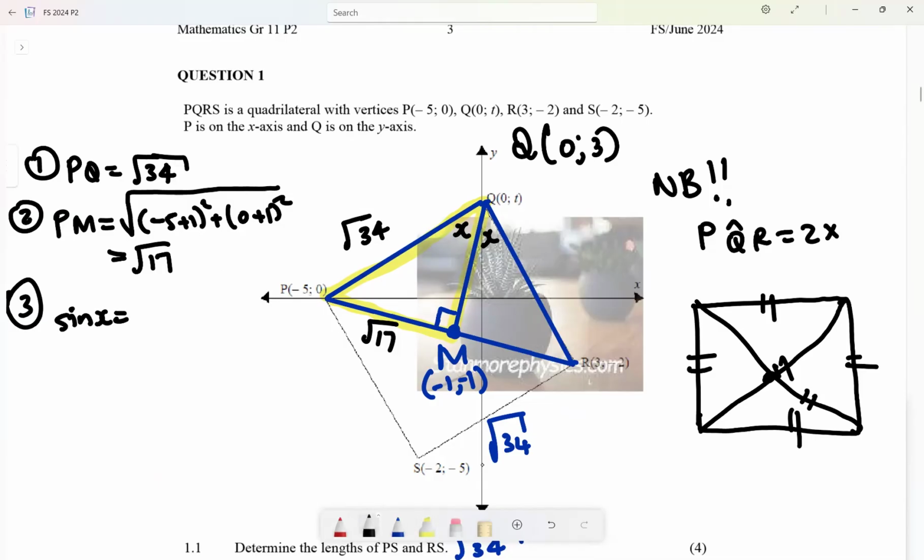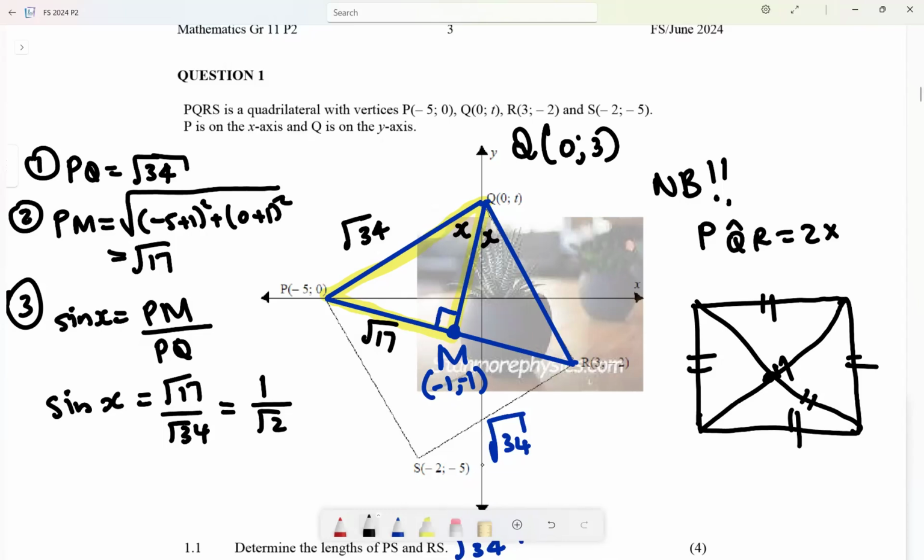Sine x is equal to opposite, PM, divided by hypotenuse, PQ. So sine of x: PM is square root of 17 divided by square root of 34, which is the same as saying 1 divided by square root of 2. Okay?